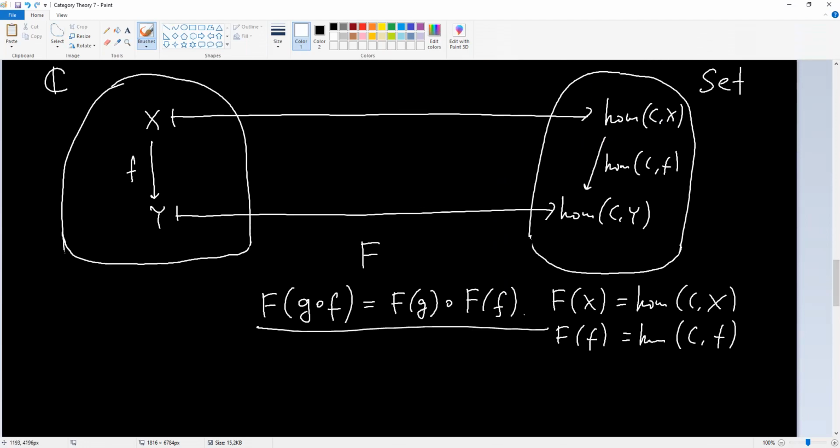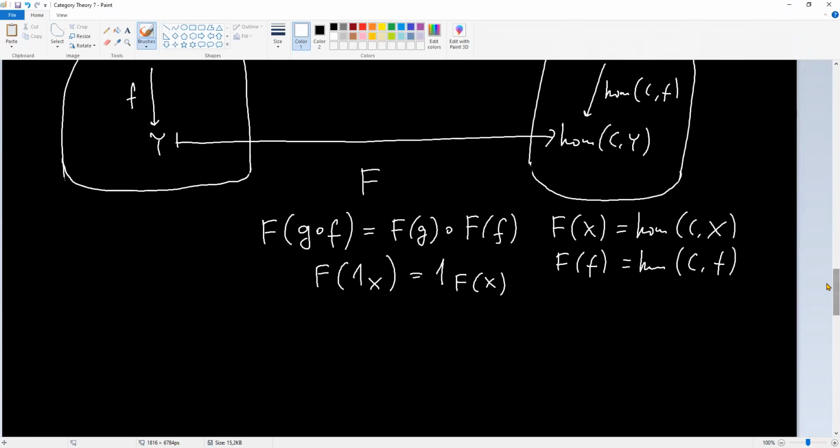And then also I have that for every identity morphism, this equals identity morphism of F of X. You see, F preserves the structure of the category. It preserves composition. It preserves identity morphisms. F is a homomorphism of categories. A homomorphism of categories is called a functor.